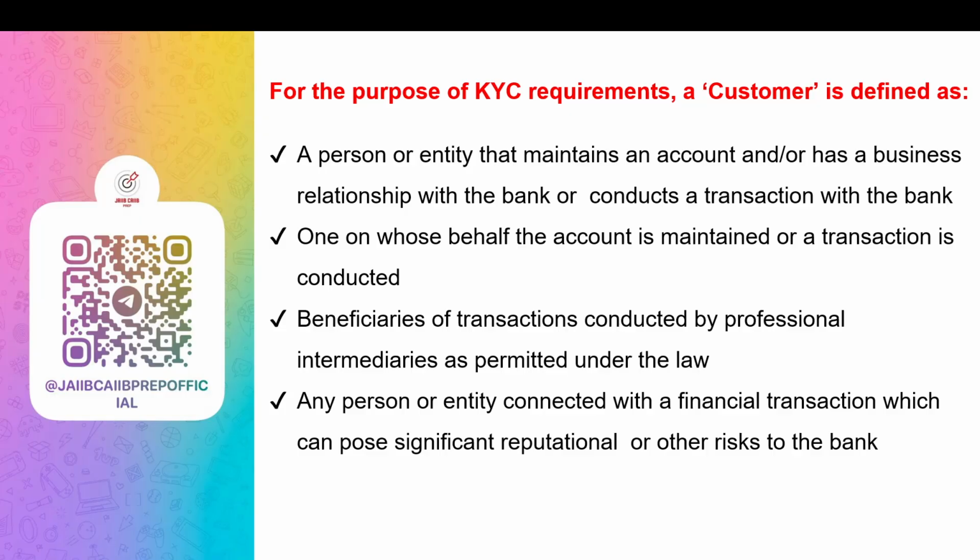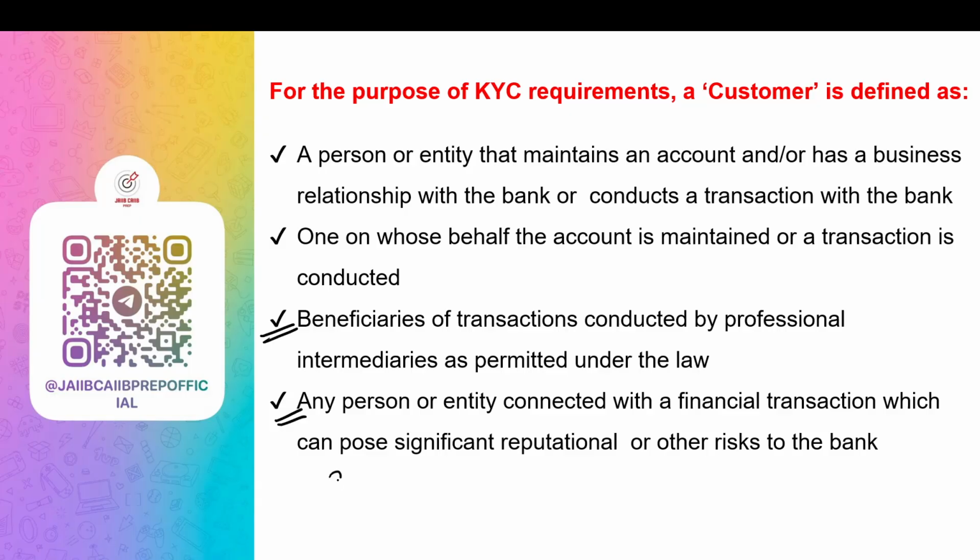People doing high risk or large transactions are customers or clients of intermediaries like brokers or lawyers using the bank for their clients. So the client is known as the customer, and people who are doing high risk or large transactions, say you transfer 20 lakhs through a wire transfer. Even though there's no account with a certain bank, the bank will treat him as a customer for compliance reasons.